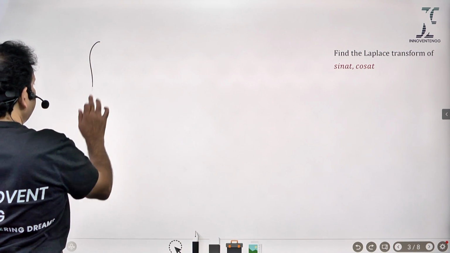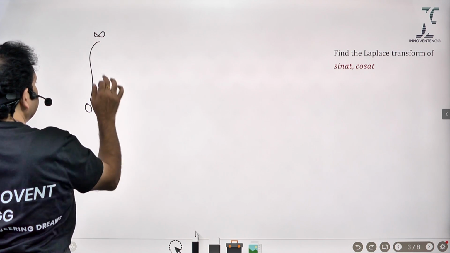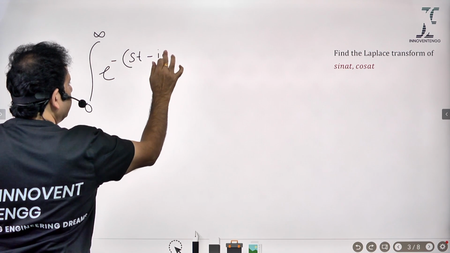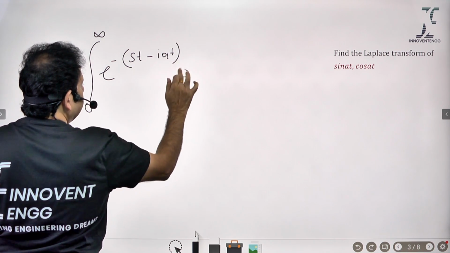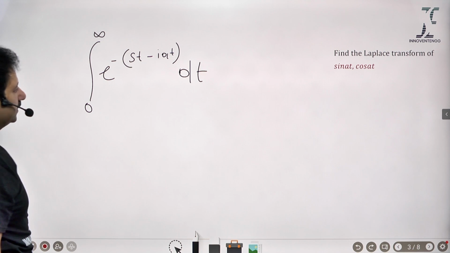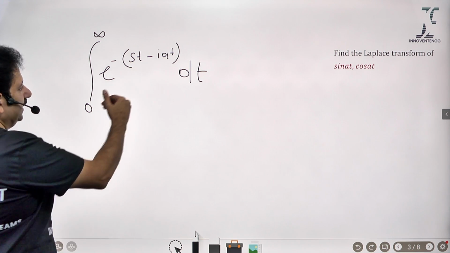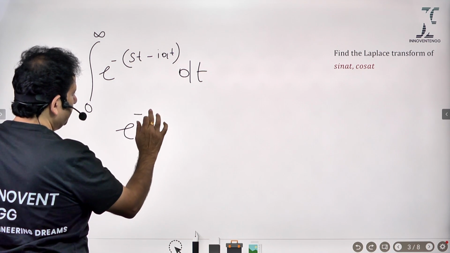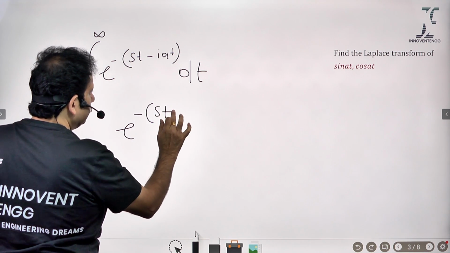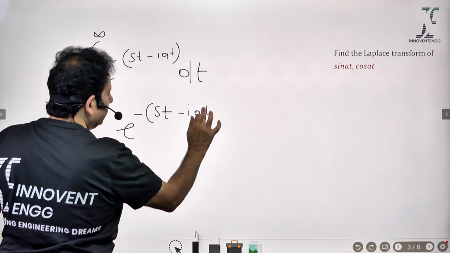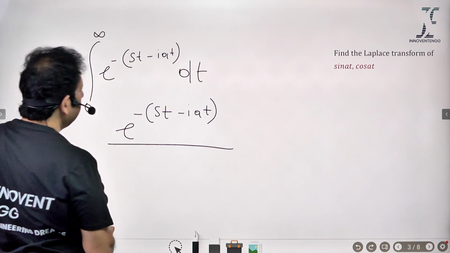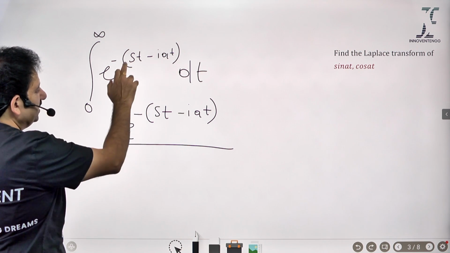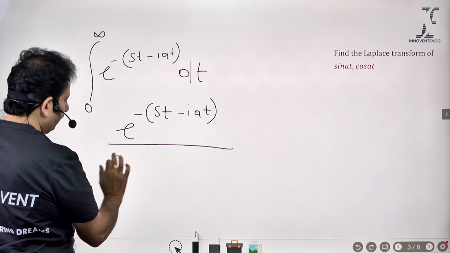So what happens now? Integral from 0 to infinity of e^{-(s-ia)t} dt. So this is going to be my integration. Integrating an exponential function is very, very easy. The same function comes back, e^{-(s-ia)t}, and you are going to divide by the coefficient of t, which is nothing but what is that?